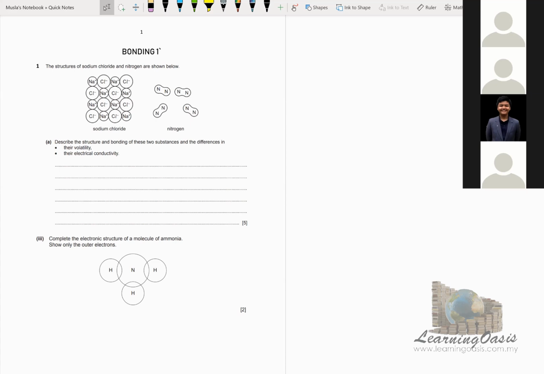Sodium chloride is not that volatile because it has a high melting and boiling point. But nitrogen is very volatile because it has a low boiling and melting point. Sodium chloride conducts electricity as there are free moving ions when it is molten, but nitrogen does not conduct electricity as there is no free moving ion.